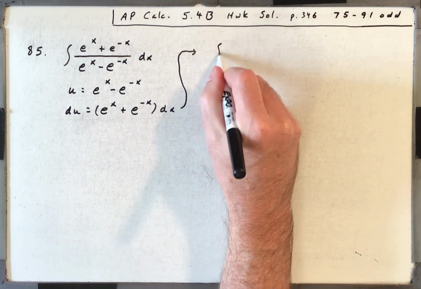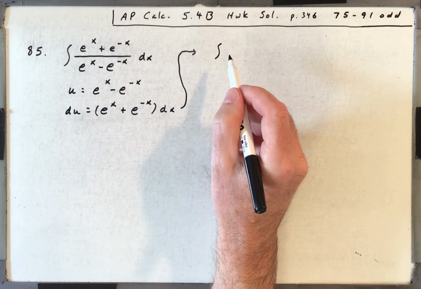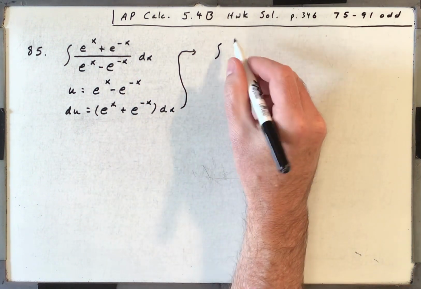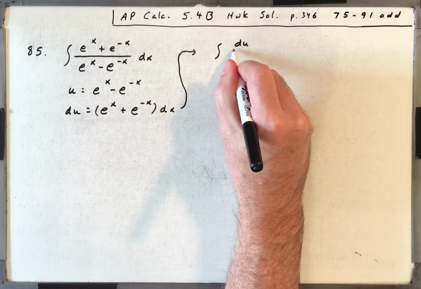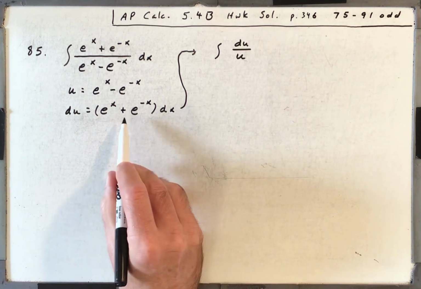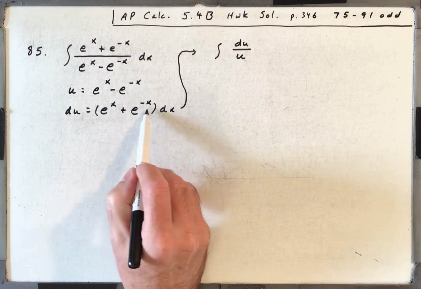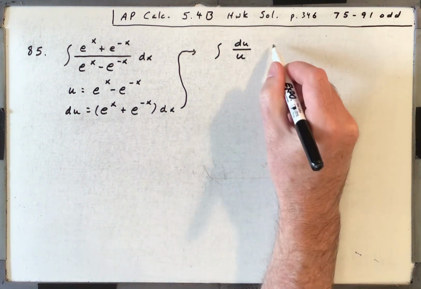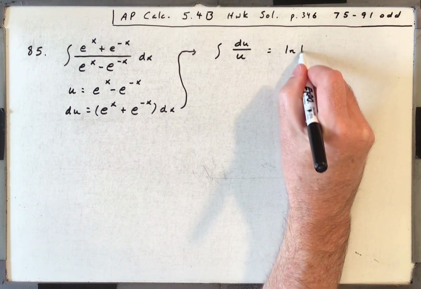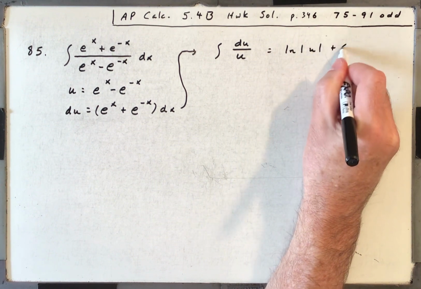So then we can rewrite that integral as just du over u. Because negative e to the minus x would be plus e to the minus x. So wow, so that's just going to be the natural log of the absolute value of u plus c.